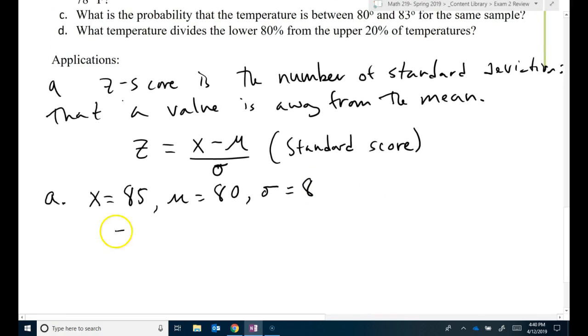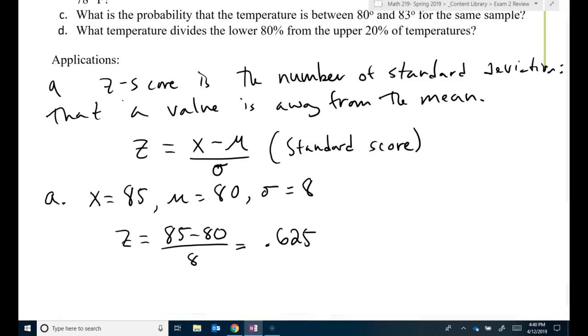Then I'm just going to plug it into my z-score equation. Z equals 85 minus 80 divided by 8. When I calculate that out, that's 0.625. So what that tells me is that 85 is 0.625 standard deviations away from the mean. Not quite one standard deviation away from the mean, a little bit less. Not quite half less, but a little bit less.